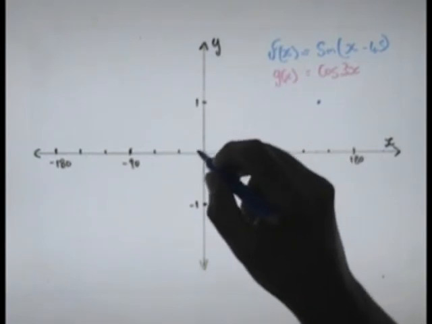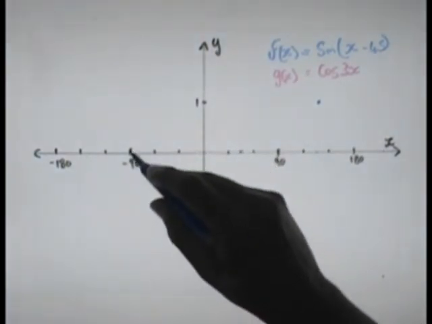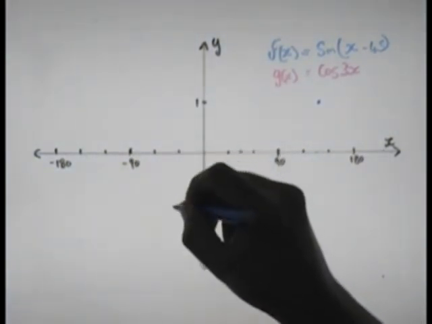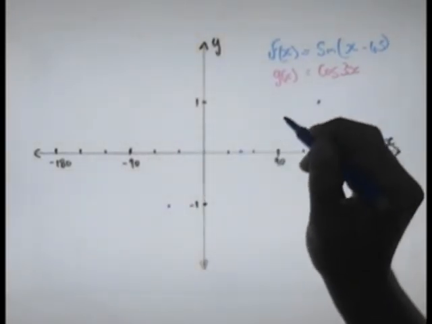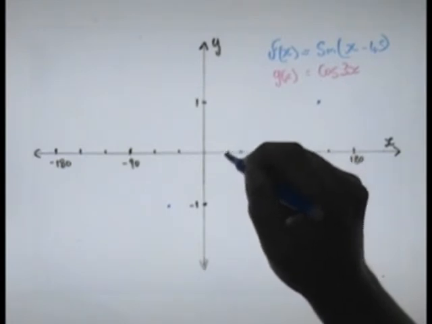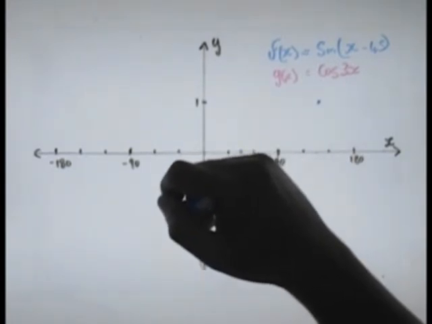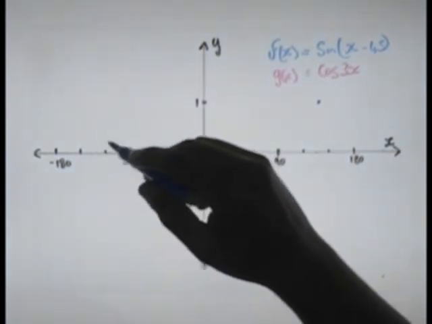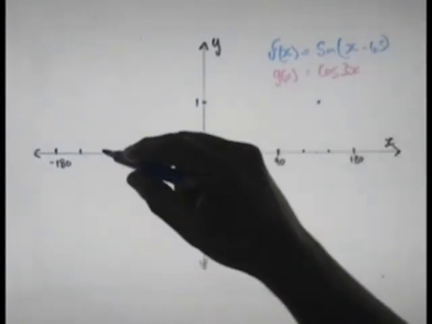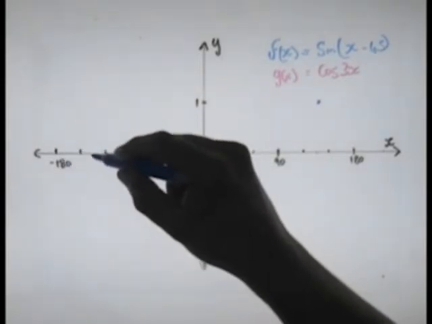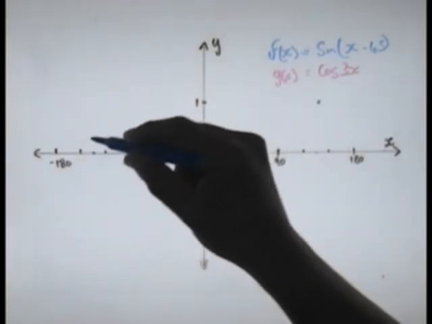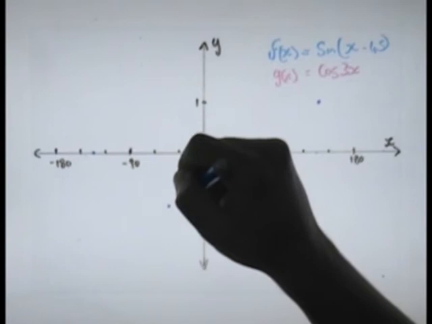Then instead of going to negative 1 at negative 90, it's going to drop to negative 1 at negative 45 degrees. And instead of sine of that going back to 0 at negative 180 degrees, it's going to go back down to 0 at negative 135 degrees.